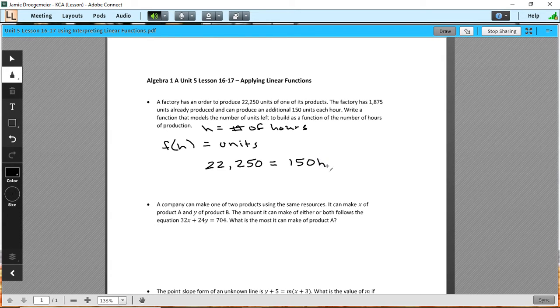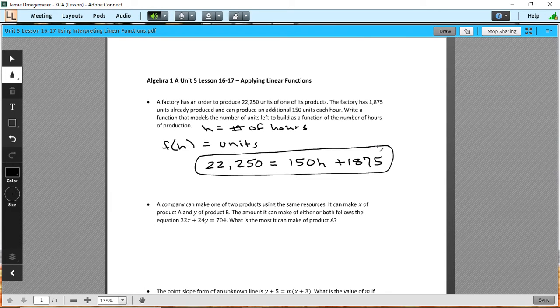We're going to take that times the number of hours, and what we produce there is going to be added to the 1875 that we already have. And so this would be our function that we could use to figure out how many hours it would take us to build the remaining units that we need for our order.